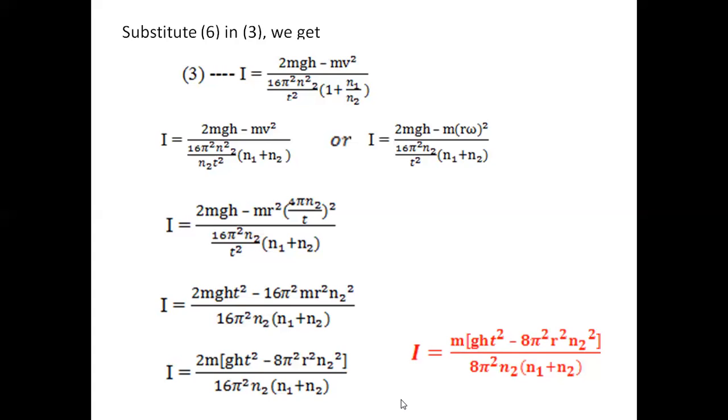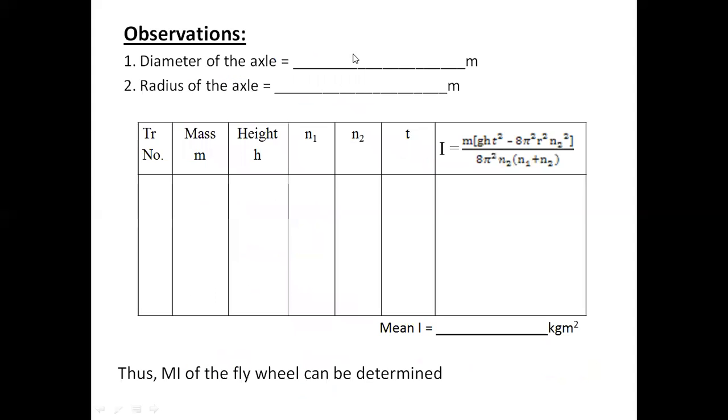Then, knowing the theory of a flywheel, let us calculate the moment of inertia of a flywheel experimentally. For that, first the diameter of the axle is determined using the vernier calipers. Then the radius of the axle is calculated. Then a certain mass is attached to the hanger. Note down the mass and also the height of the mass from the ground.